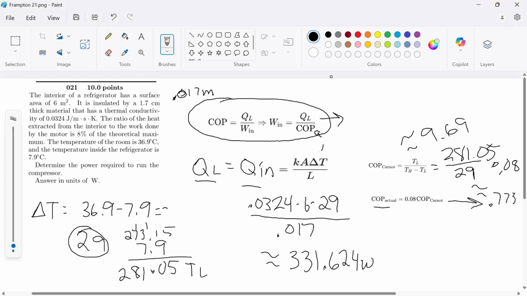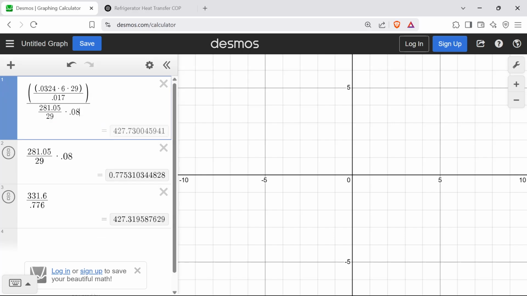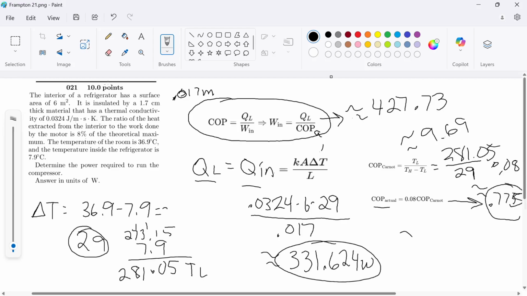I'm just going to take this, divide, paste it, and I get 427. The final answer is approximately 427.73. It's this value divided by this value, except I use the exact values. It comes out to about 427.73 watts.